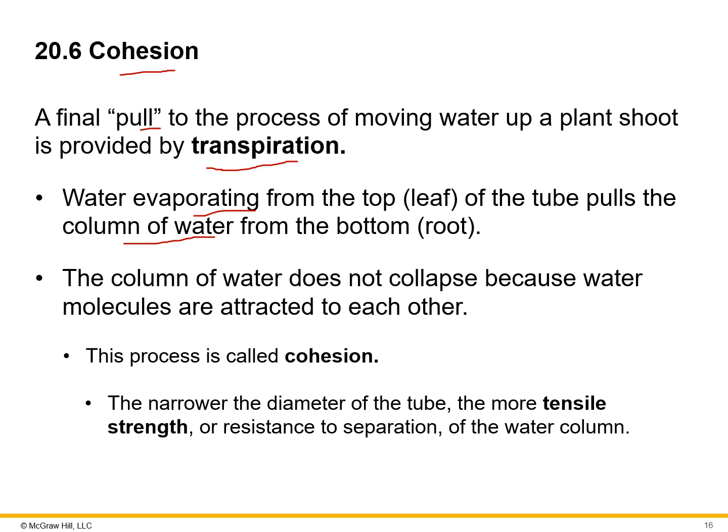And the column of water doesn't collapse because that water is attracted together, and that attraction of water to water is called cohesion. So if it's water to another polar molecule besides water, it's adhesion, like paper towel or another cell, but water to water is cohesion. And as the picture just showed, the narrower the diameter of the tube, the more tensile strength, so it allows more movement up that water column.